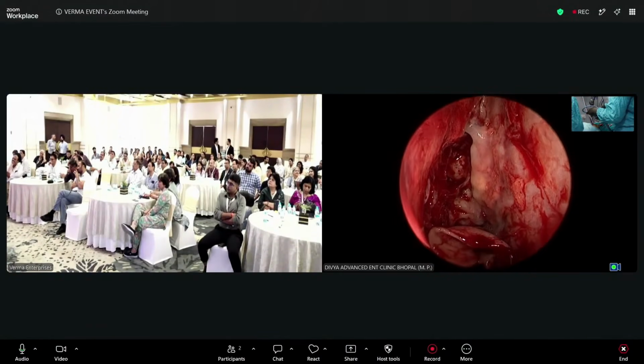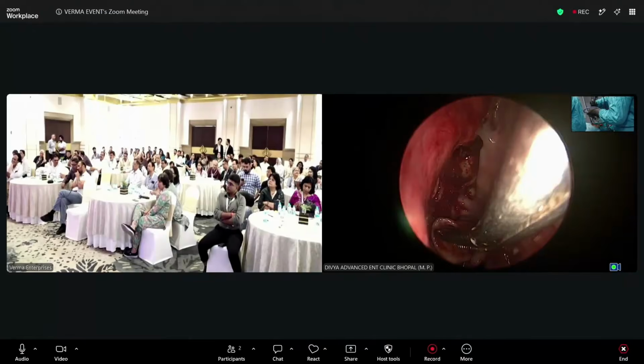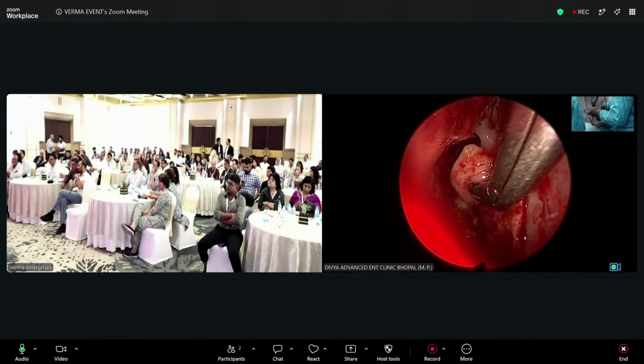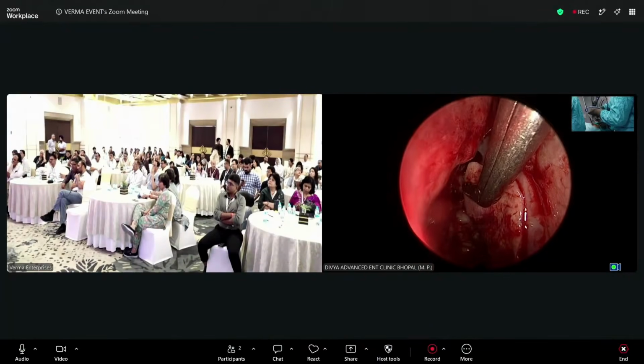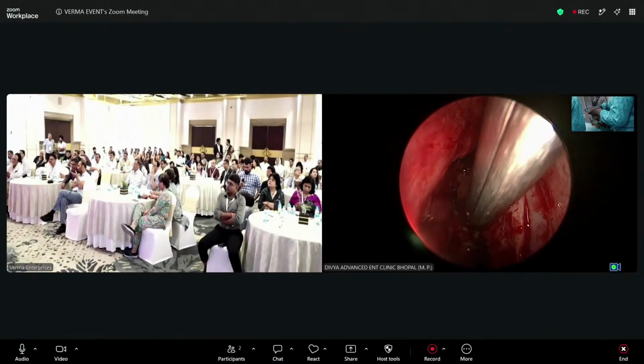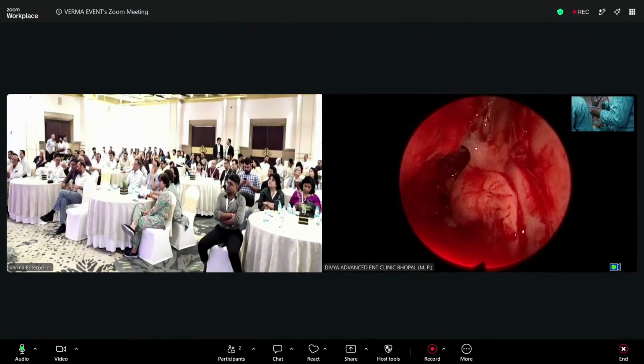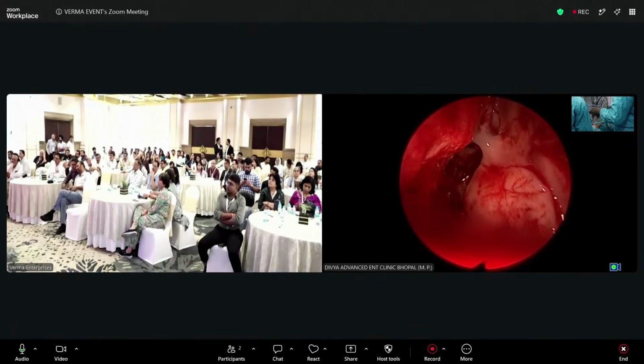The entire skull base is reconstructed. And now this entire area beyond the cribriform, all around, see at the end what I am ensuring is that my frontal sinus remains open.